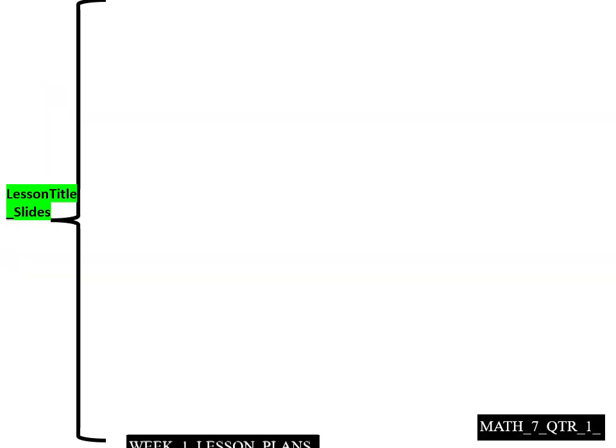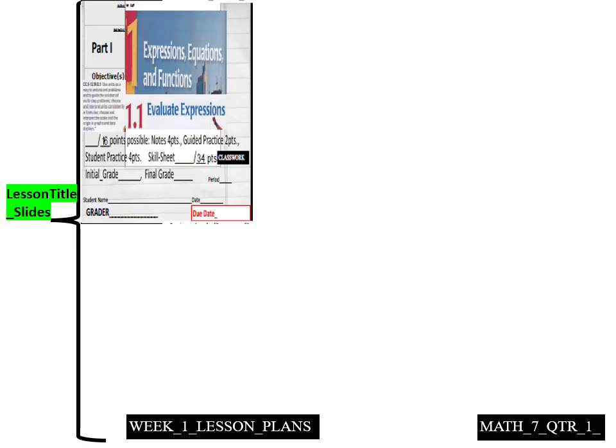Moving on, we go into 1.1, evaluate expressions. This classwork covers Common Core 9 through 12, Q.1 standard: use units as a way to understand problems and to guide the solution of multi-step problems.